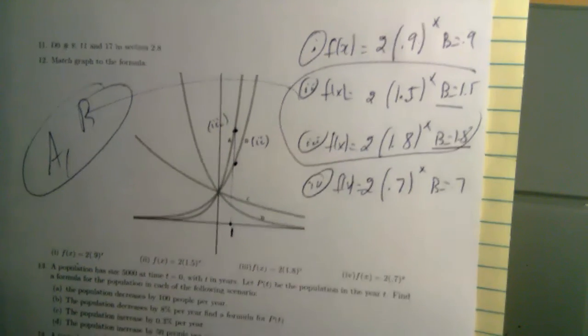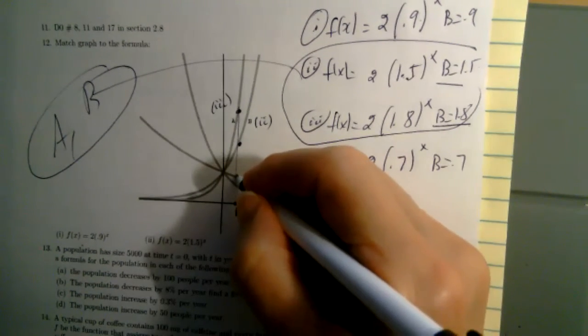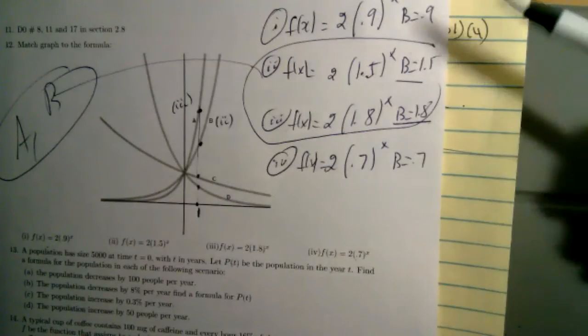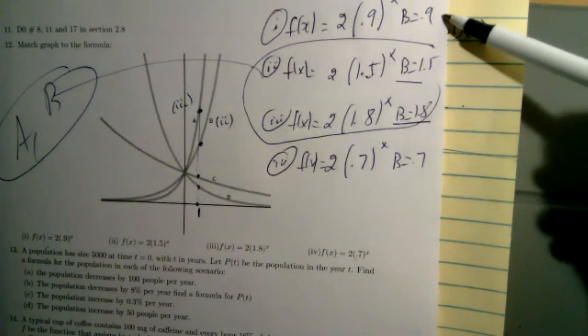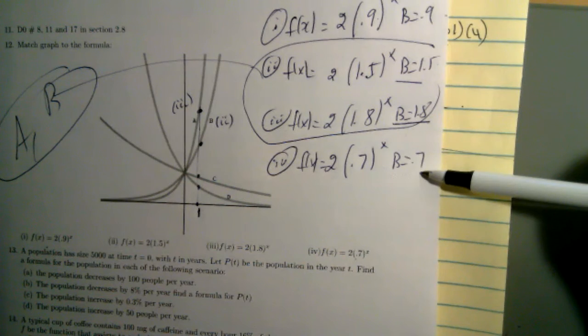Okay. What about C and D? Think along the same line. Which one is dipping faster than the other? D is going faster, because this one is going down 10% per year, and this one is going down by 30% per year.